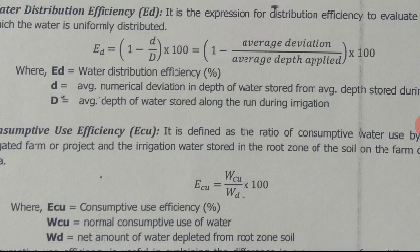Capital D is equal to average depth of water stored along the run during irrigation.